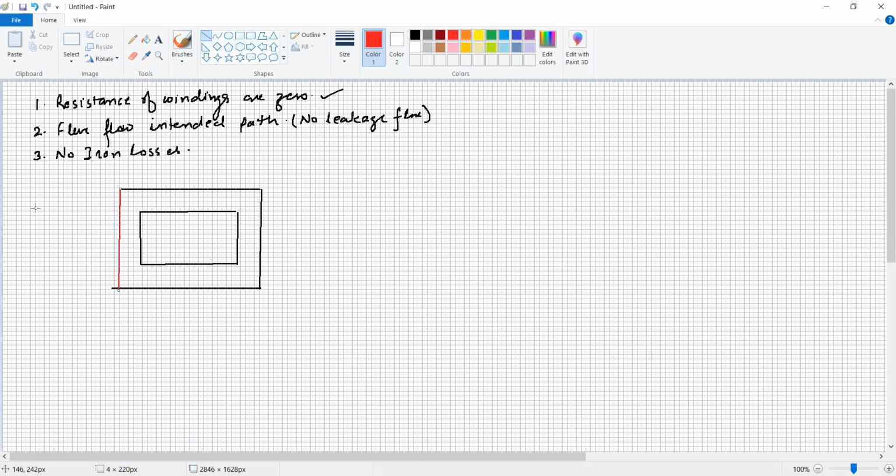The transformer has resistance, so the winding will have some resistance on the primary side. Because of the leakage flux, there is a leakage reactance on the primary side. The similar case is on the secondary side.